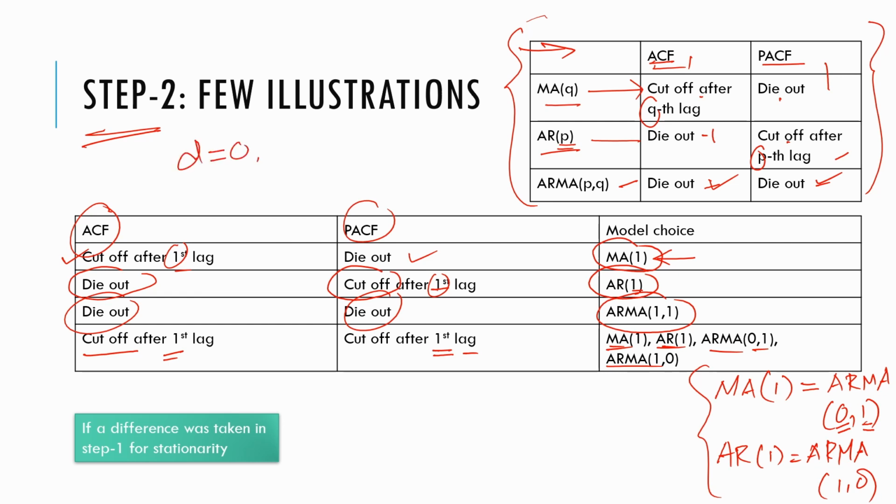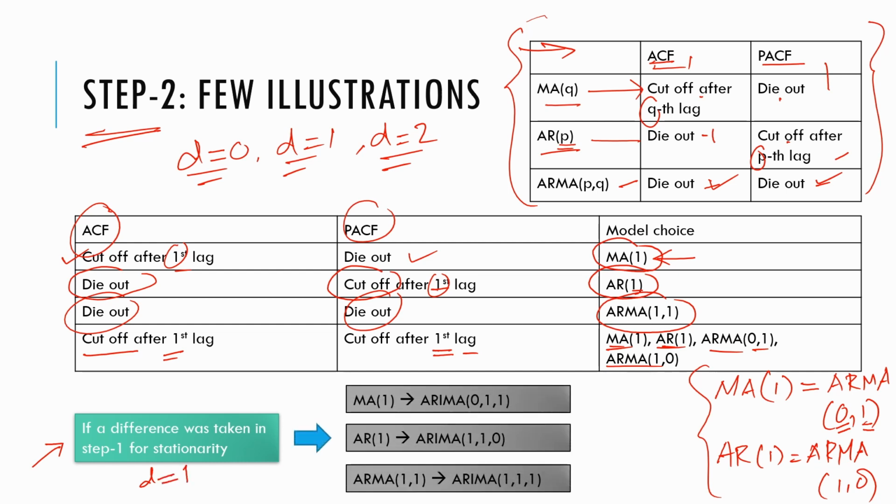So d is equal to 0, d is equal to 1, d is equal to 2, in order to establish the stationarity. Remember, in step 1 we already discussed this. So suppose you have performed a stationarity adjustment by taking the difference, d is equal to 1.